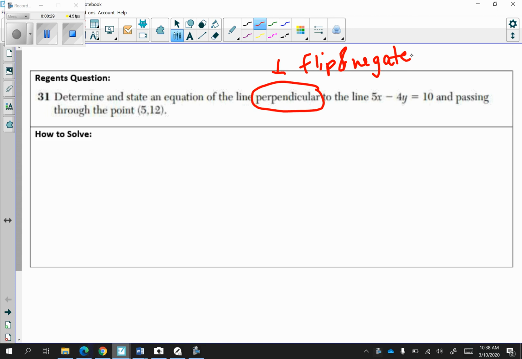Now we need to figure out what the slope is, so let's rewrite the line 5x minus 4y is equal to 10 and get y by itself.